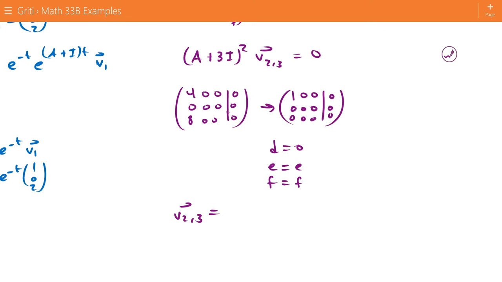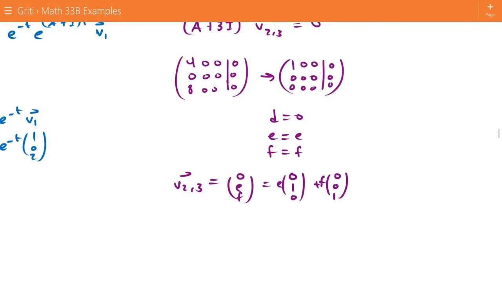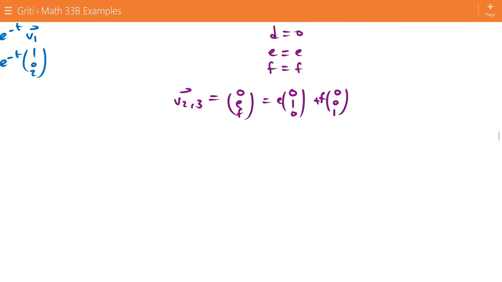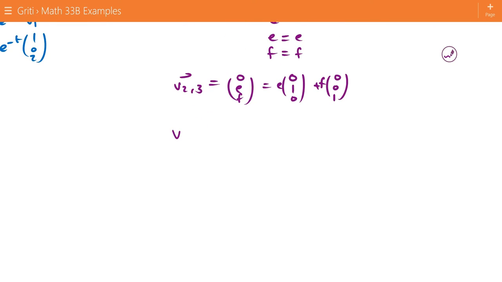So v2 and v3 equals 0, e, f, or 0, 1, 0 times e plus 0, 0, 1 times f. So this gives us our v2 and v3. v2 is 0, 1, 0, which we get from here, and v3 is 0, 0, 1.